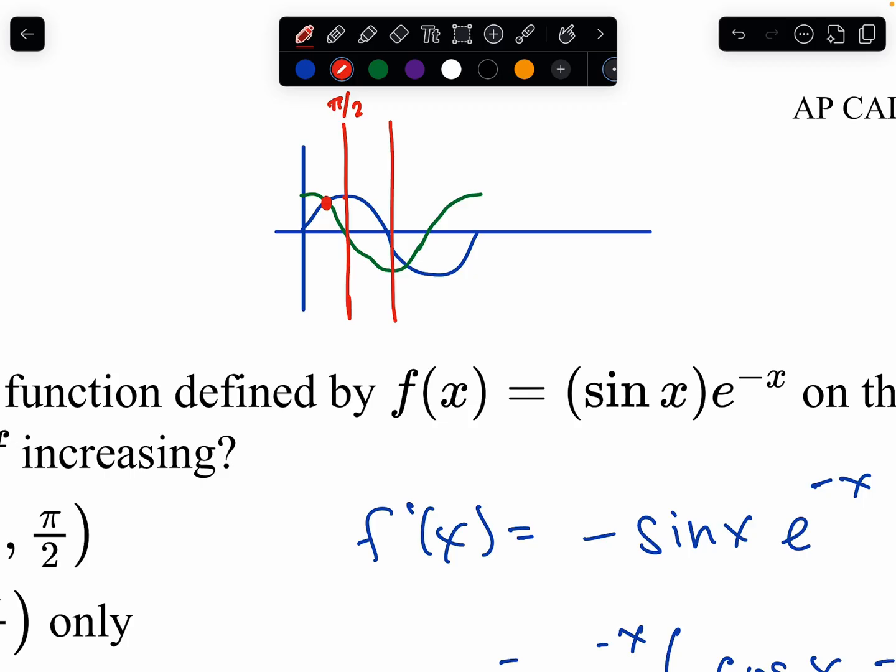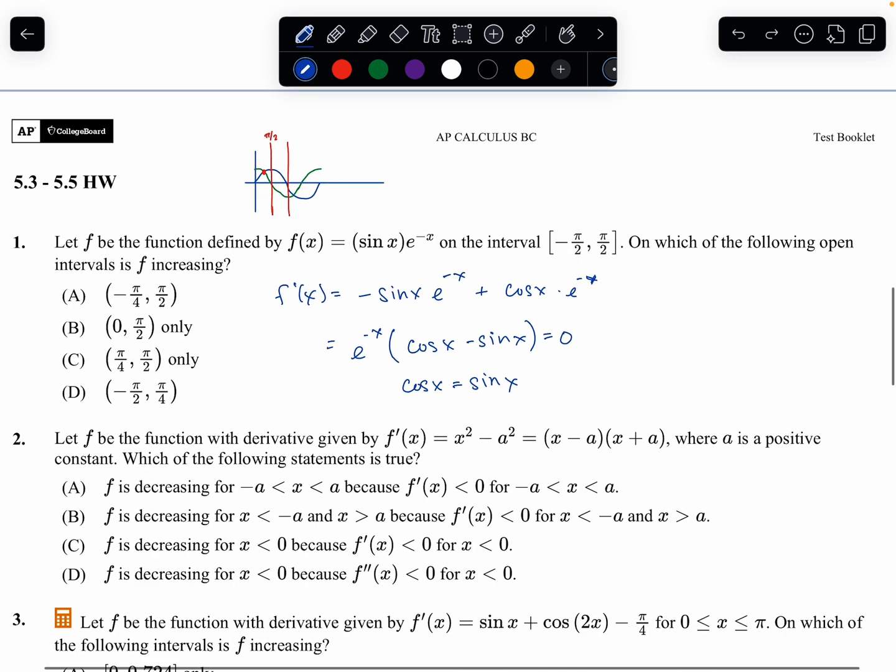And it's also going to be negative pi halves. So at negative pi halves, they should also cross each other. But I can tell you right now, just from knowledge and experience, that they'll be equal to each other at pi fourths. So when x is equal to pi fourths, and probably negative pi fourths as well.